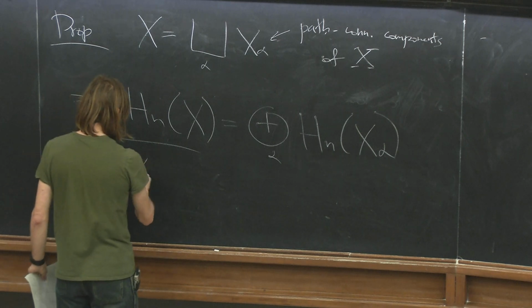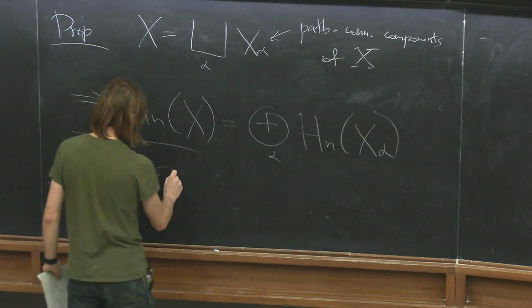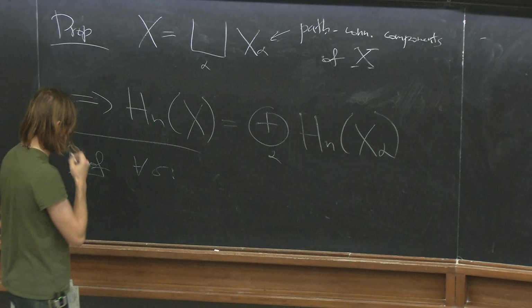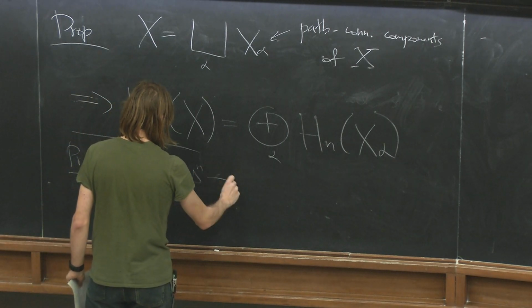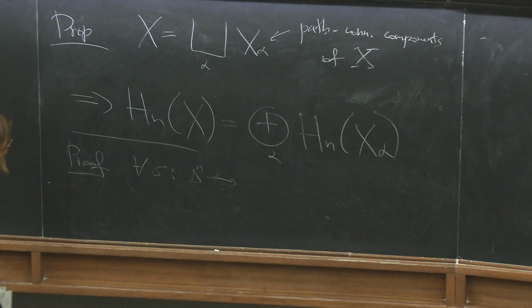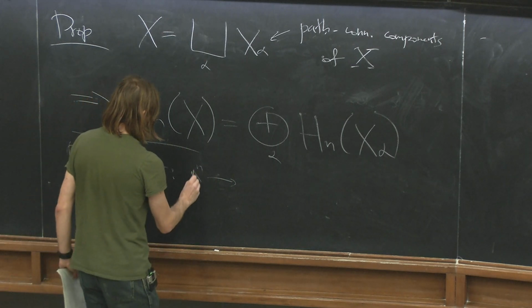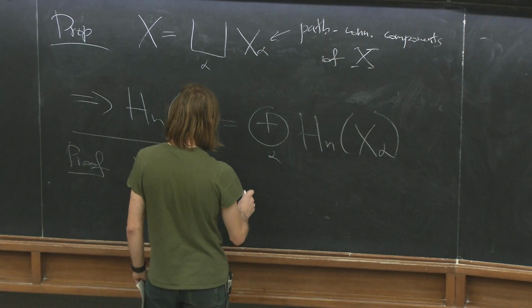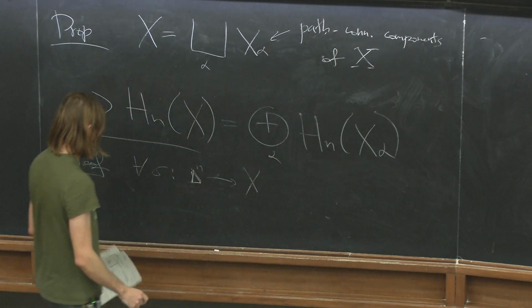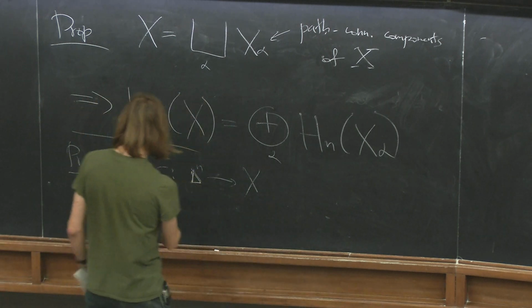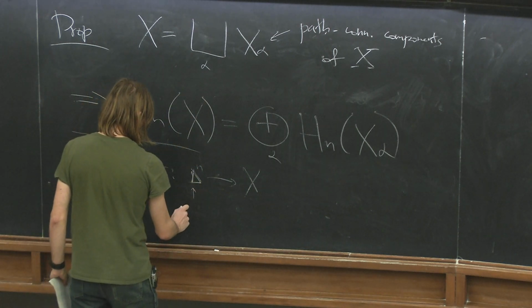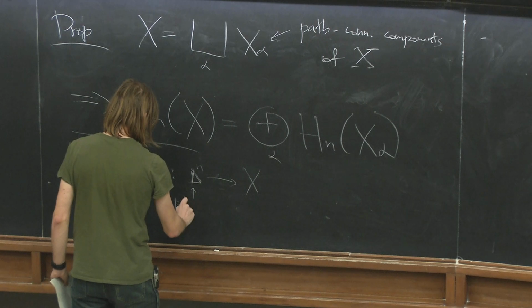So consider an arbitrary element, an arbitrary singular n-simplex, a map sigma from delta n to X. We know that delta n is, of course, path connected.